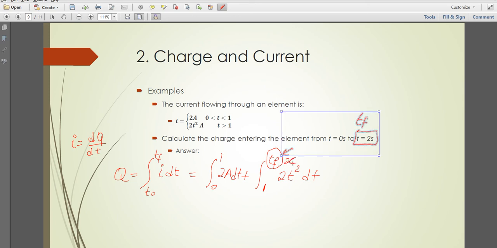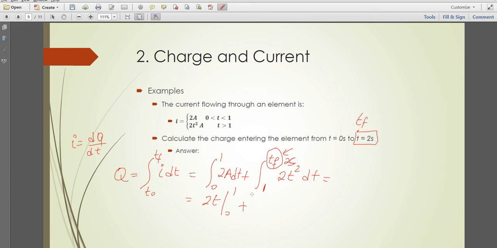If you make the integration of that, for the first one you'll end up with 2t, this is a constant between 0 and 1, plus, for the second, 2 over 3 t cubed. Just to explain, this is t cubed over 3.